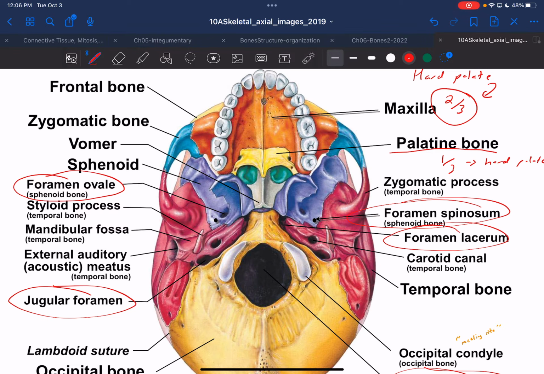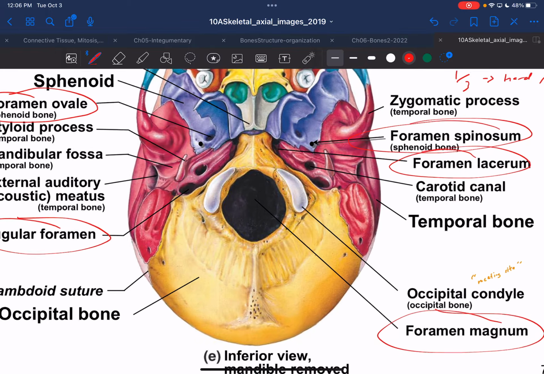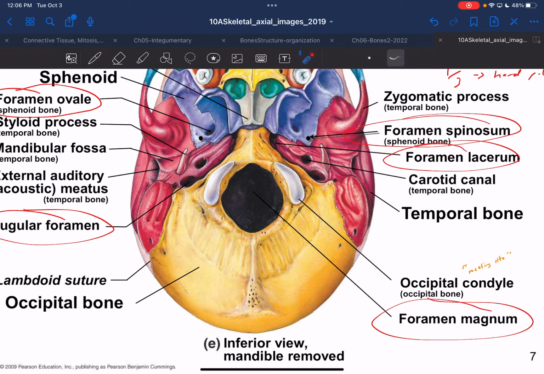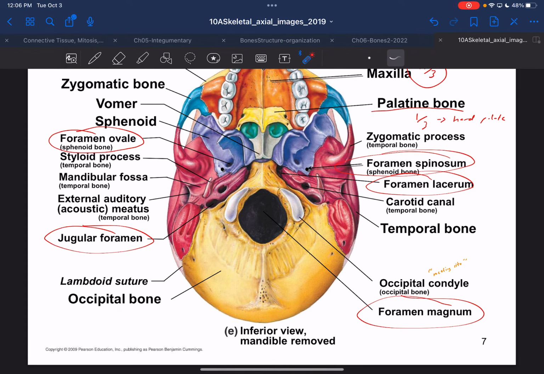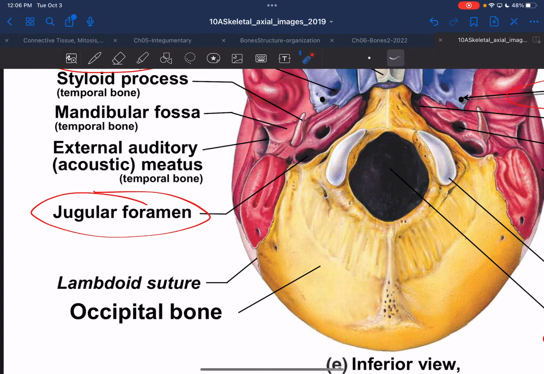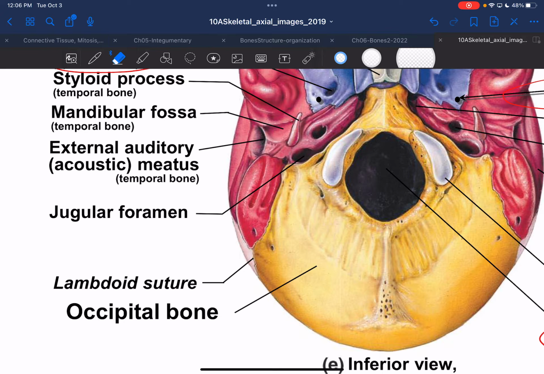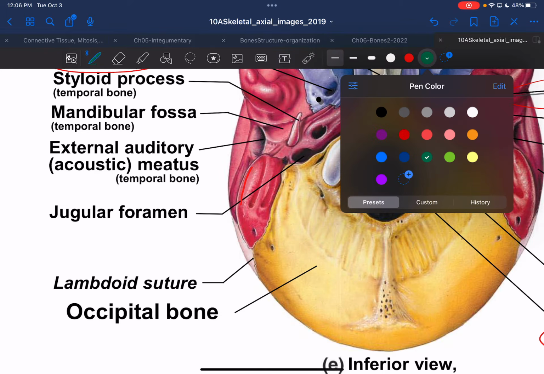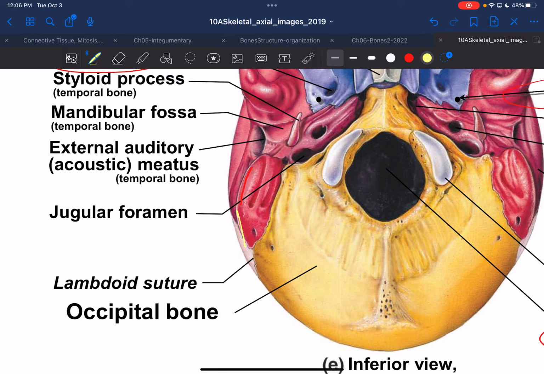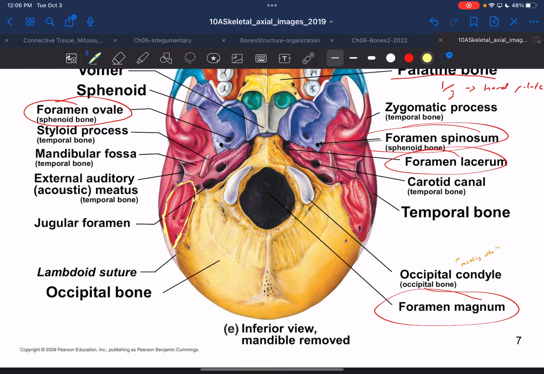And with that, am I missing any other terms? Yes, I am. We are finishing up the skull, and the last thing to add is something your list doesn't have, so we're going to add it here. But I know it's on your list. There's a term here. Let's do yellow. If we look at this structure, there's going to be a nubby region here.